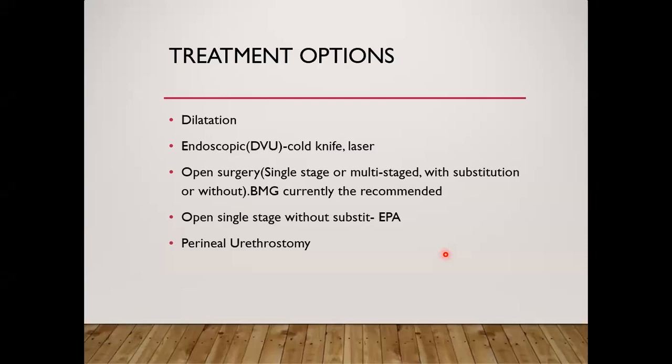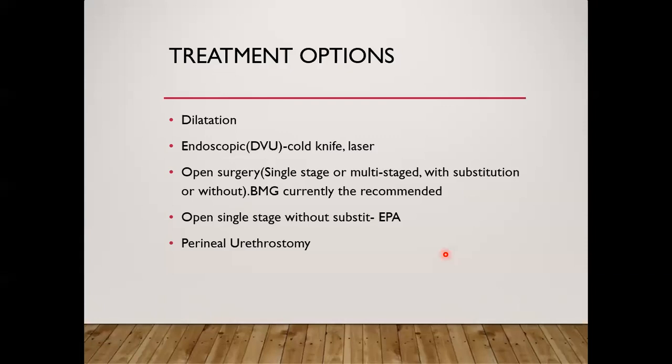They are metallic instruments that you pass through the urethra up to the bladder. So you start with the smallest size, and then you keep increasing the sizes as you put KY jelly and slide the bougies through the urethra up to the bladder. In other words, you keep dilating as you increase the sizes of the bougies.